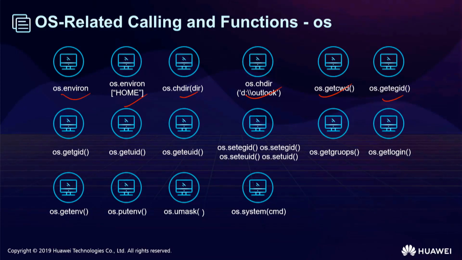These functions get the group ID, the user ID, and the effective ID, and set the group ID and the user ID. getgroups gets a list of user group names, getlogin gets the user's login name, and there are functions to get and set environment variables, and to set the current permissions mask and return the previous permission mask.